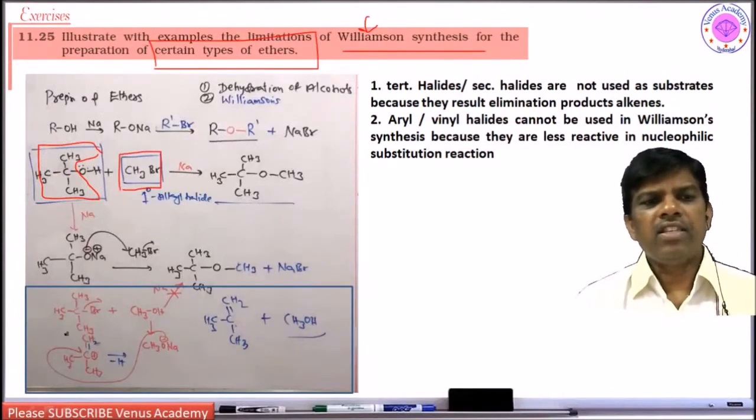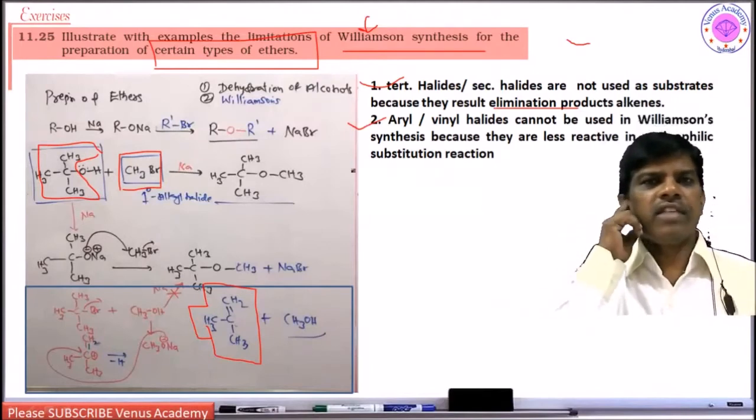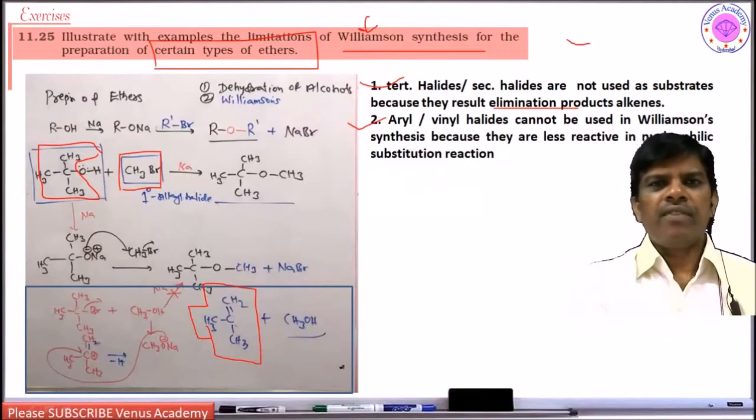If I take this tertiary or secondary alcohol as the halide, it is going to give an alkene as the major product because of elimination reactions. So the limitations are that tertiary or secondary halides are not used as substrates because they give elimination products. At the same time, aryl or vinyl halides cannot be used in Williamson synthesis because they are less reactive in nucleophilic substitution reactions. This is a small limitation of Williamson synthesis.